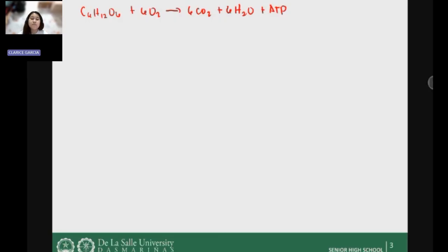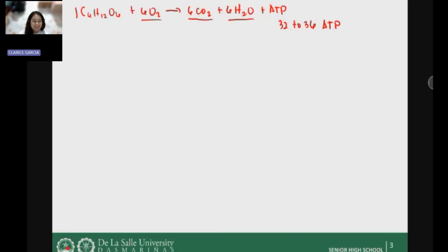This means one molecule of glucose plus 6 molecules of oxygen can produce 6 carbon dioxide, 6 molecules of water, and around 32 to 36 ATP.